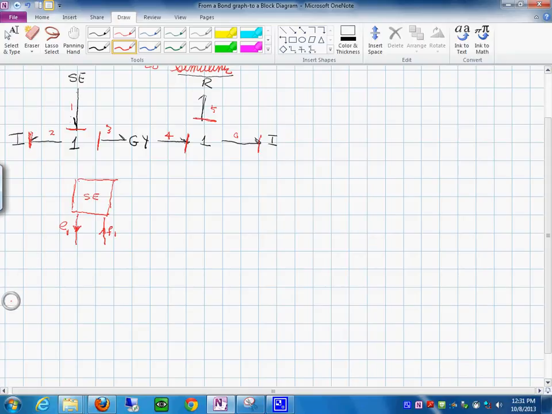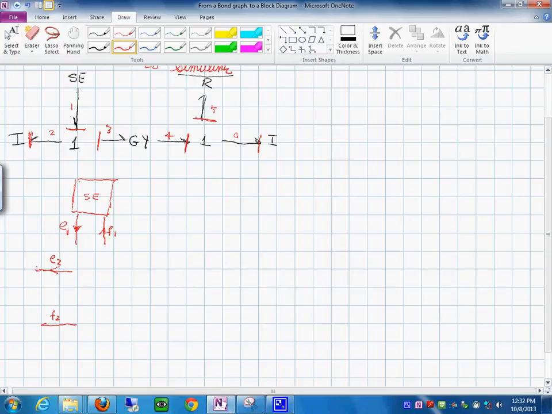And then you have this I element over here. So we have it like this, where for the I element the effort is going in. This is E sub 2 and this is F sub 2. So what happens here in the I element in integral form?